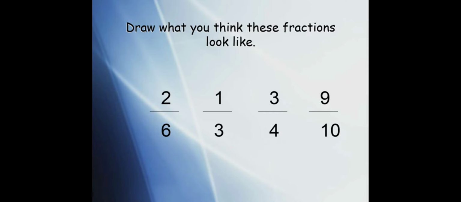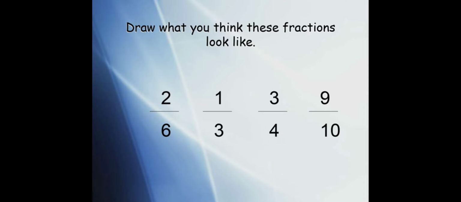Now draw what you think these fractions look like. We will draw 1 by 6, 1 by 3, 3 by 4 and 9 by 10. I have also drawn them, but you just try it, and then we will match our figures.